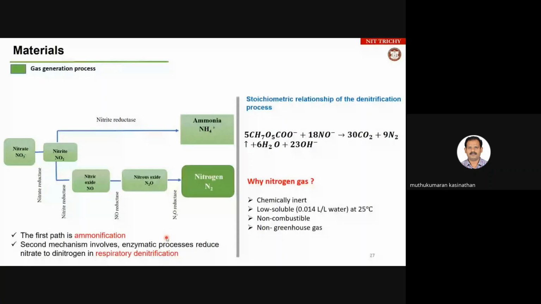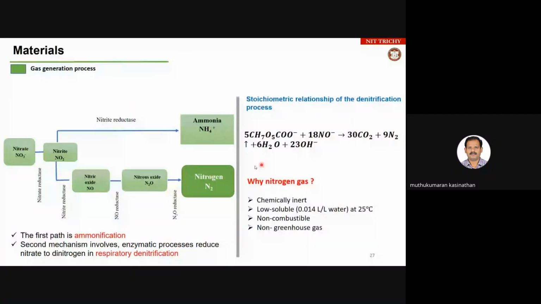With the Pseudomonas bacteria, basically we intend to get nitrogen gas, so these are the properties with respect to nitrogen gas.